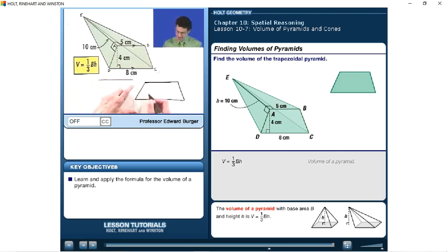If I were to average these two lengths, that would fall right in the middle. And look what happens if I were to make a rectangle. Do you see this little surplus here? That would fill in exactly into here because these are congruent triangles.